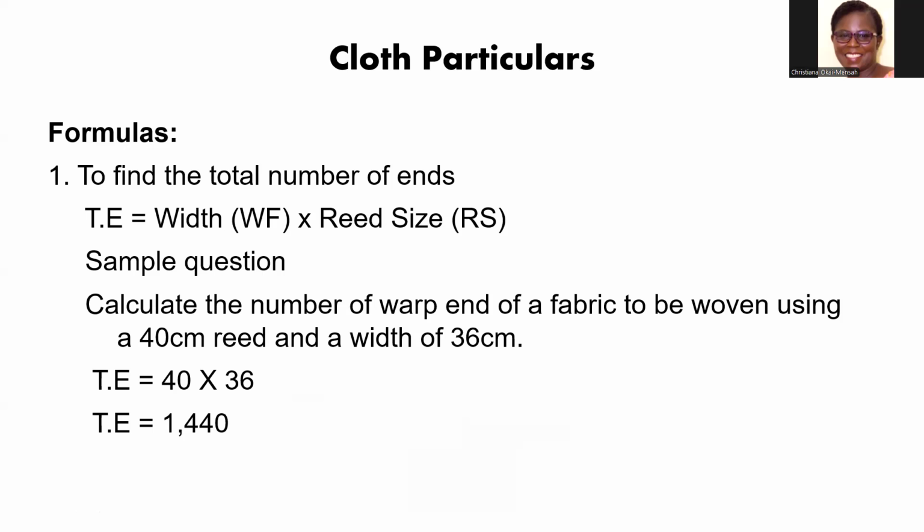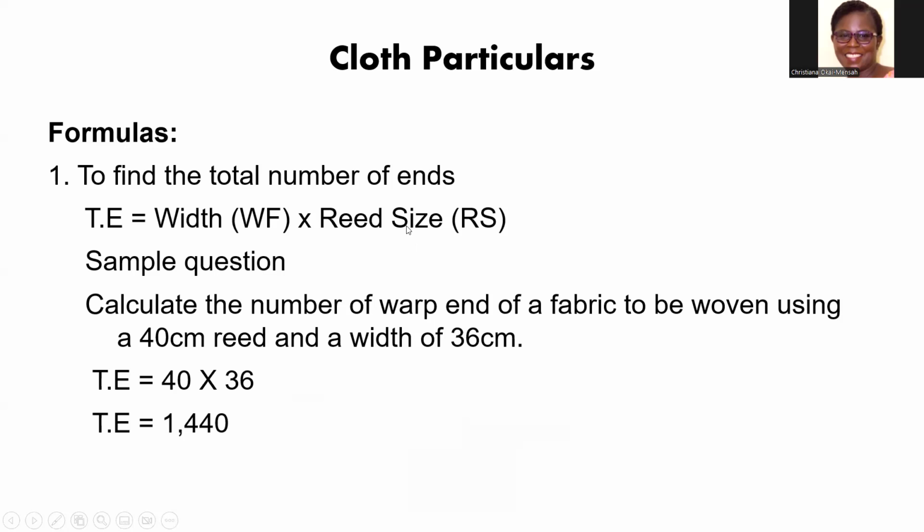If the width is 36, then the reed size, what reed number are you going to use? So the reed, I said they have numbers. The numbers will tell you how big the hole in the reed is. The hole is called dent. Some reeds have closer dents, so when you weave, you see the fabric is packed. Others have spaced out dents. So it depends upon the reed size.